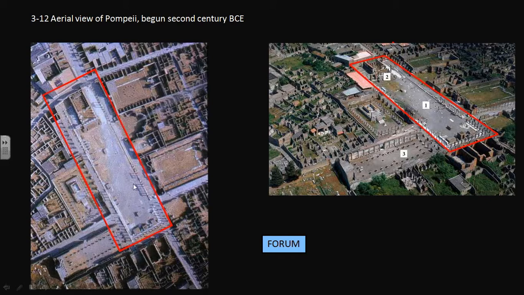And inside this pedestrian mall, there would have been statues of local leaders as well, because this really was the civic heart of town. So there was a colonnaded covered walkway around the sides.